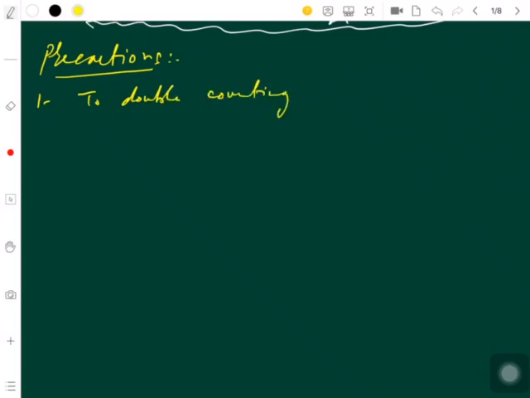Rest is the same. Precautions to be taken while estimating national income by the expenditure method. Number first, to avoid double counting. If you have not understood it, refer to my previous lecture where I teach the first method of calculation. I have elaborated it in a very detailed manner with an example. Number second, government expenditure.